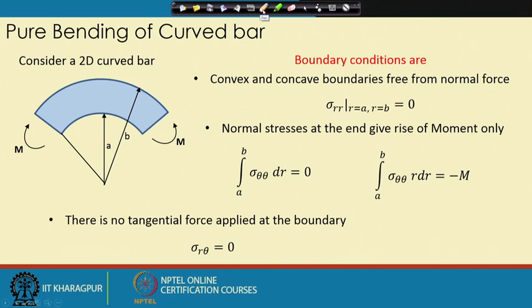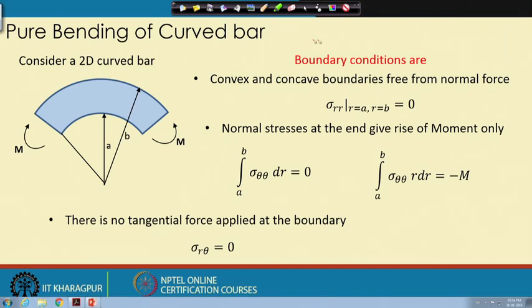Now, in this lecture we will be doing the same thing for a curved bar or curved beam, essentially under pure bending. This problem is also solved via the strength of material approach, where we derived the Winkler-Bach formula, which we know from our knowledge of strength of material.